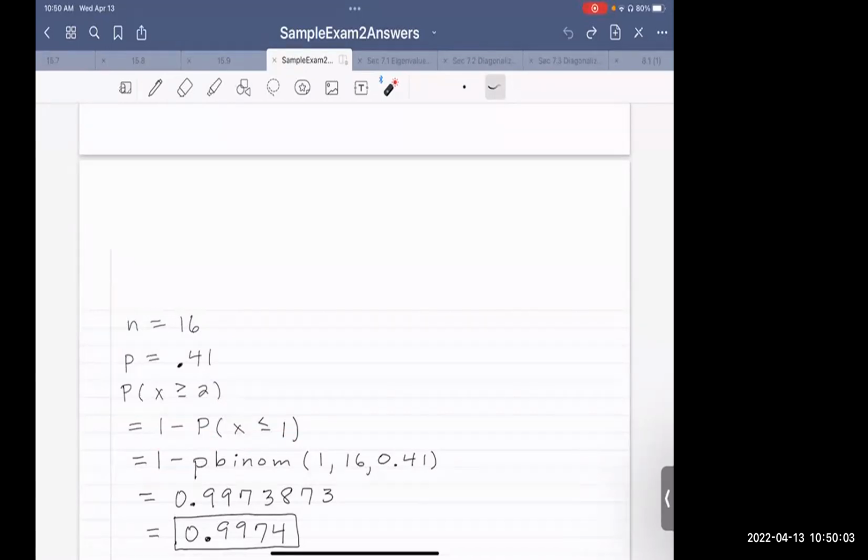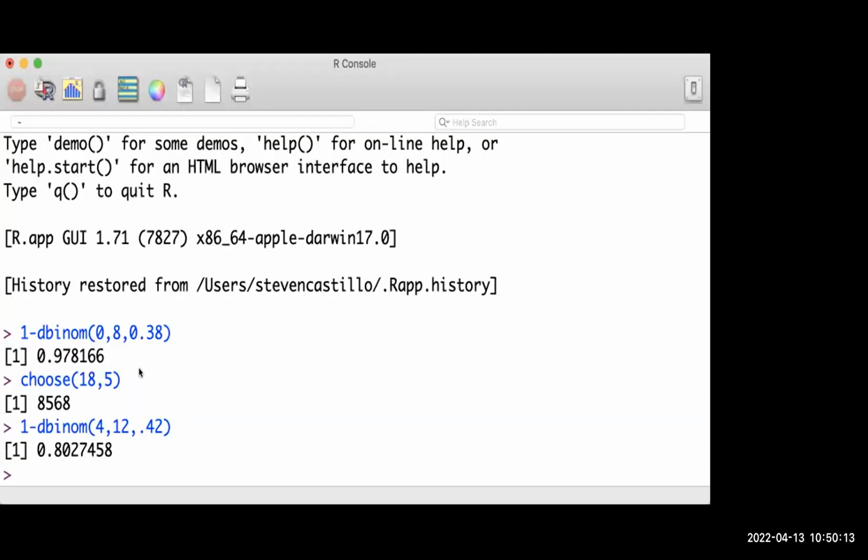So 1 minus pbinom(1, 16, 0.41). And so let me type that into R. And so 1 minus pbinom of 1, 16, 0.41.